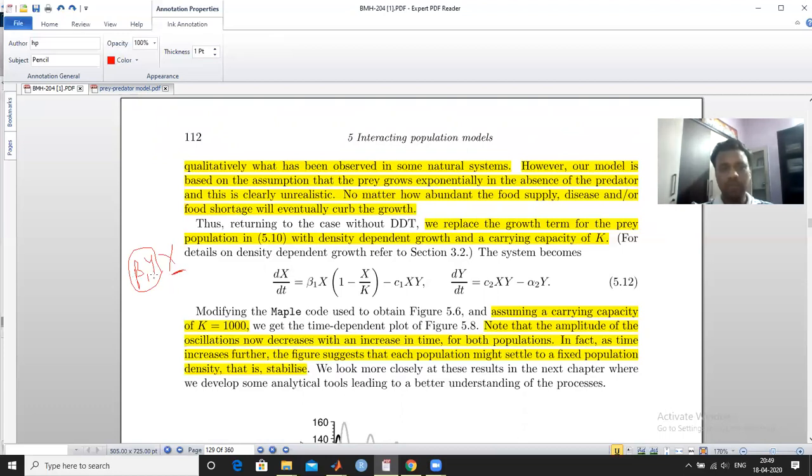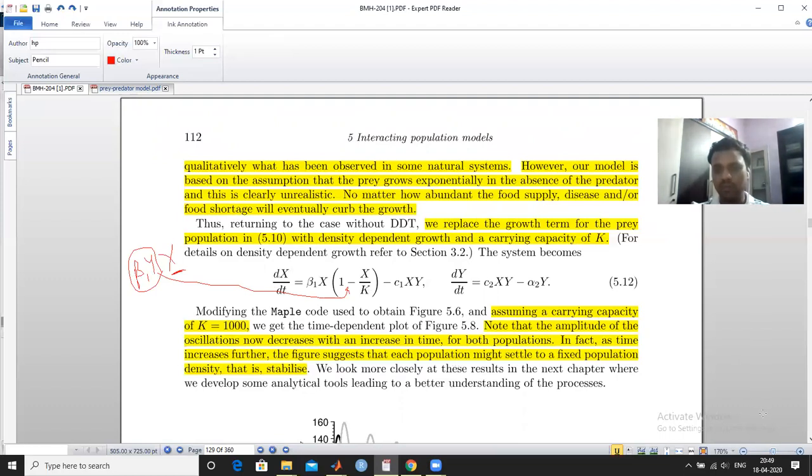So this beta 1 is replaced by beta 1 into 1 minus x by k. So if you replace this one, then what will be the model?